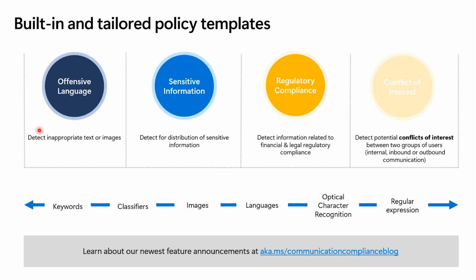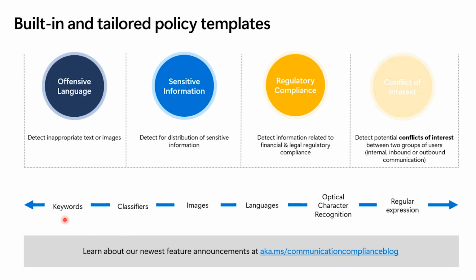Now, it's able to detect inappropriate text, but it's also able to detect that inappropriate text in images because it's able to do OCR. So if someone actually does create an image with an offensive message, it would still be caught through communication compliance because of the OCR capabilities that are built in.